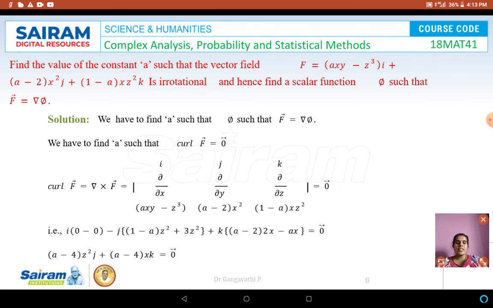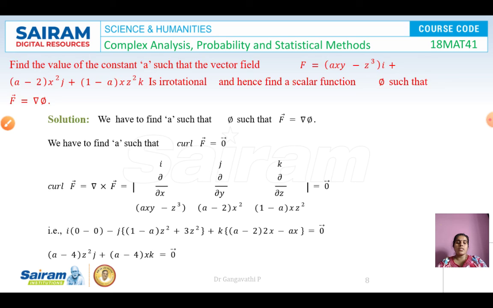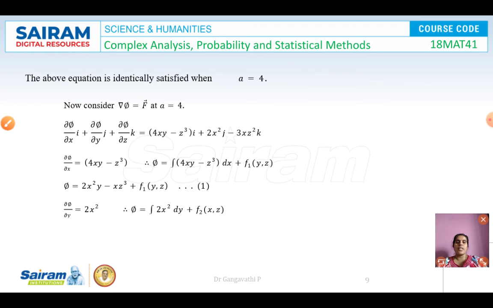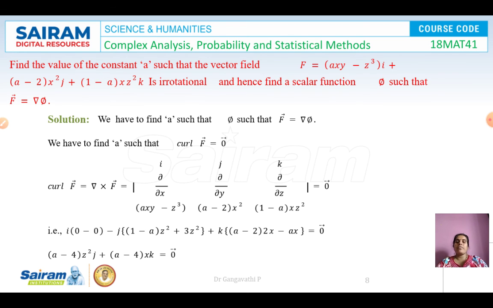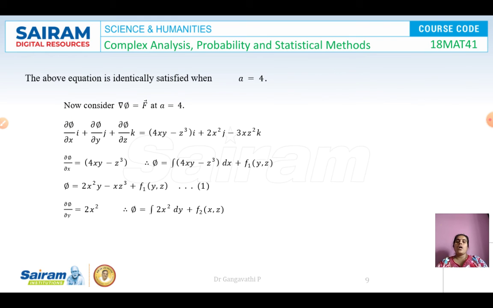So we have just compared the j component and k component on both the sides. So a minus 4 and a minus 4 is equal to 0, which gives us a is equal to 4.